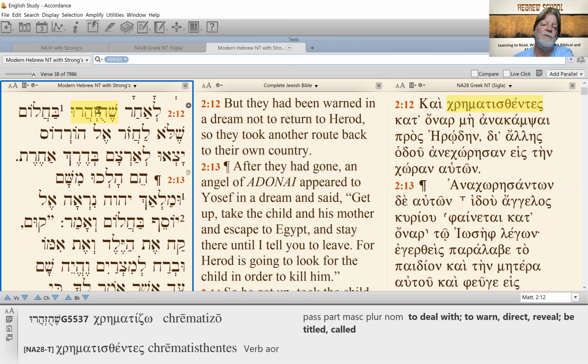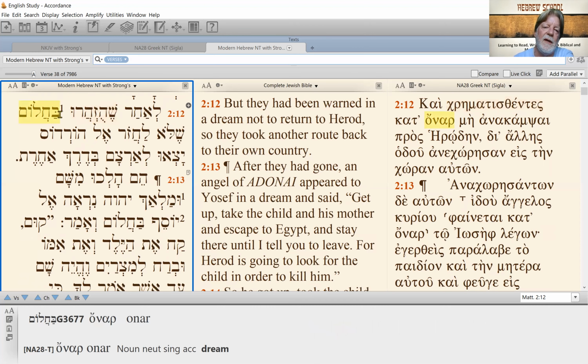And then verse 12, la'achar, after, halu, so in the direction of after, that they were warned, b'halom. Here we have a bait, prepositional prefix, meaning in. Halom is the Hebrew word for a dream, in a dream.